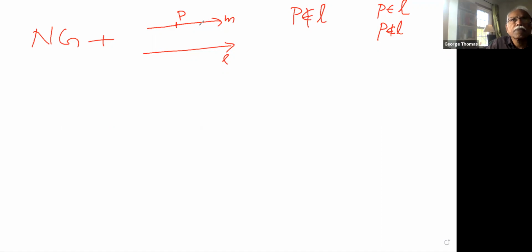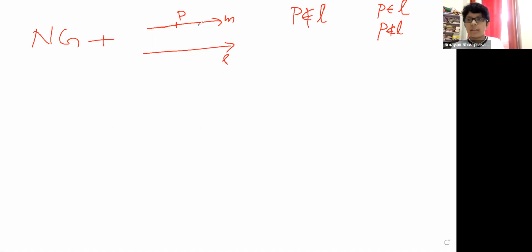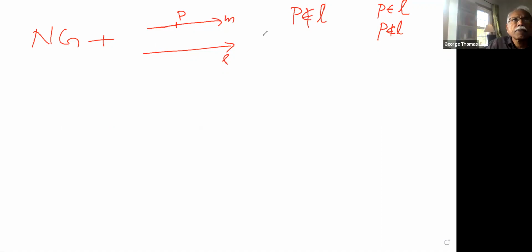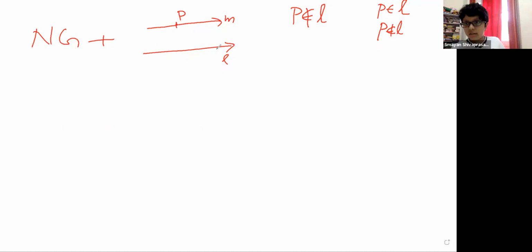EPP is that there is one unique parallel line that goes through P. There is only one line through P parallel to L. That is EPP, isn't it? Yeah. That's what I said.